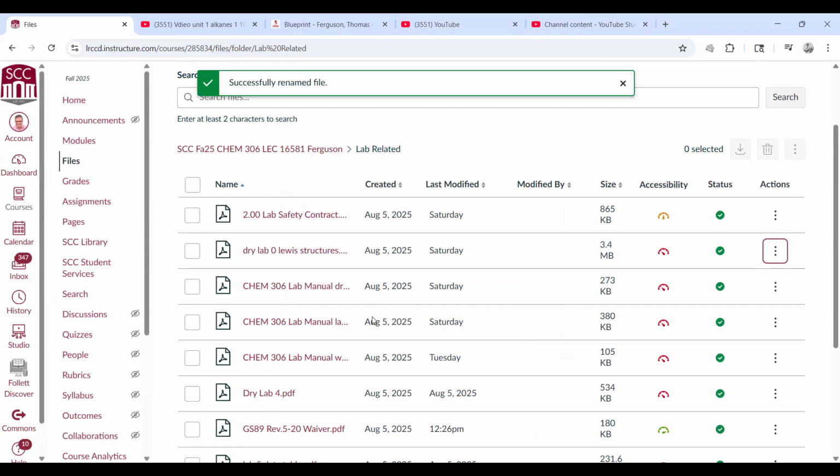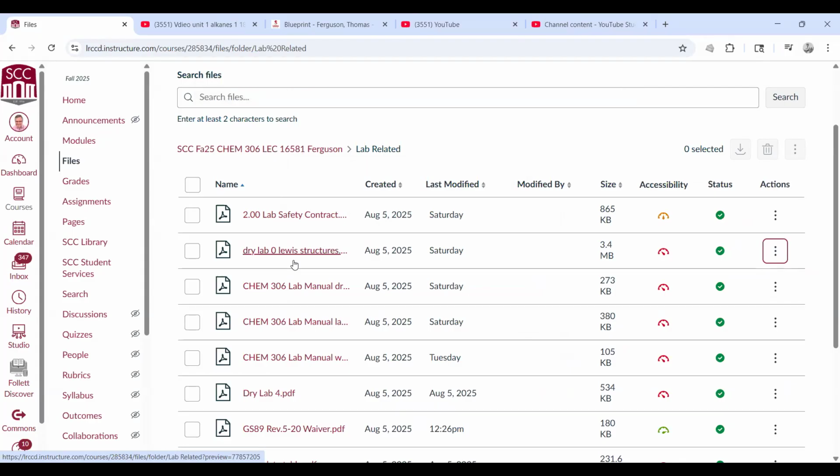There, easier to find. Okay, so that's what we're going to do today. Dry Lab 0. Are you going to do it in the lab or at home? Does that help?